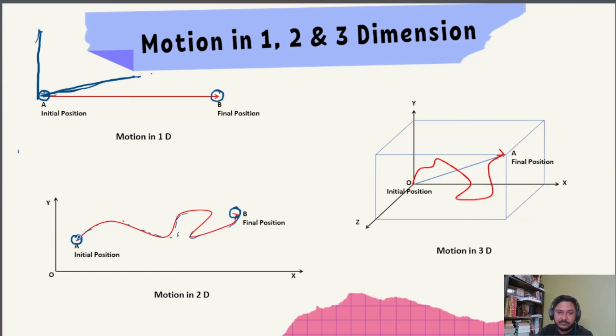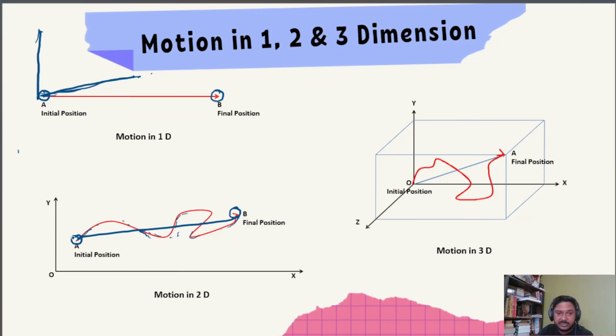If you just draw an axis from A to B, the path of the object is sometimes above that straight line, sometimes crossing it, sometimes below, and it's a very bizarre kind of motion with respect to the straight line.